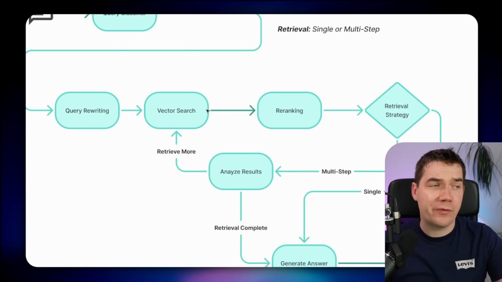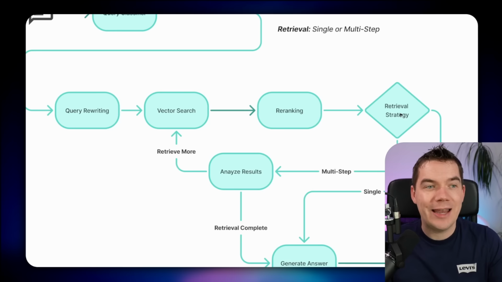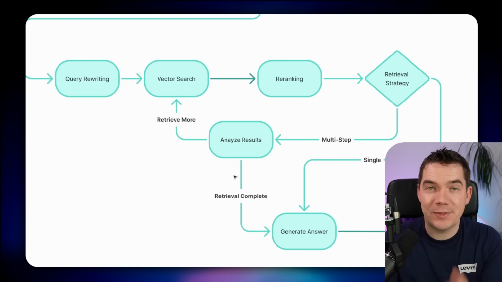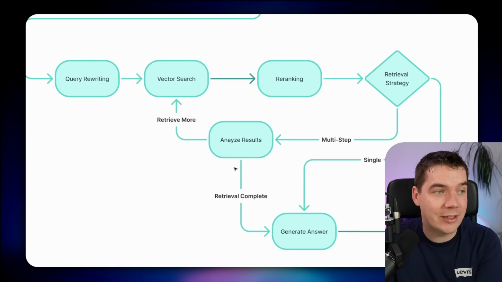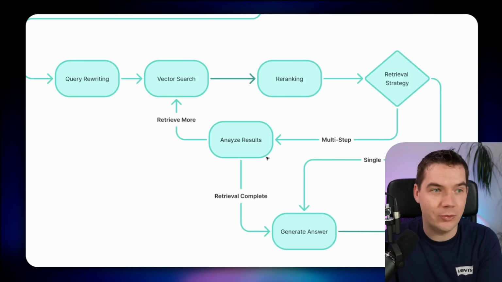So you send in your first query into the vector store, you get your results and re-rank them, and then based off the retrieval strategy, if it's multi-step, you go to an analyze results node, and it then analyzes to see, is retrieval complete? Has it hit enough steps? Because it's a complex multi-step query, have you done enough research? Have you done enough digging? And if you haven't, it generates more queries, which goes back to the vector store, and it cycles through until it's complete and an answer is generated.